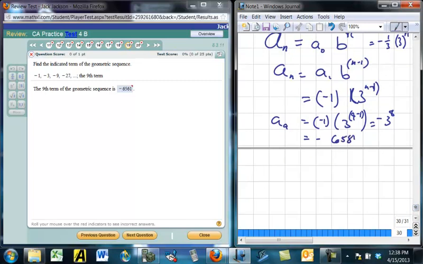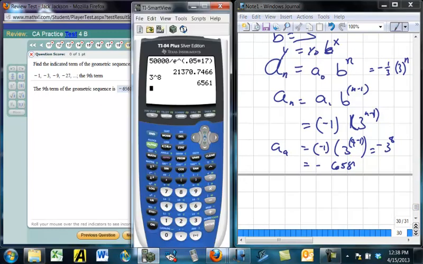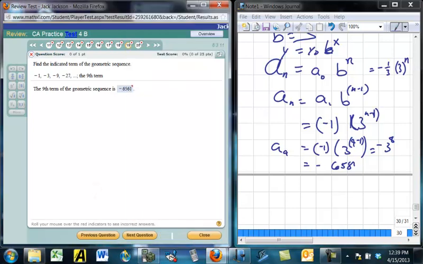And you get the same thing up here if you did 3 to the 9 and then times a negative 1/3, you get the same thing. It's negative 6,561 either way.